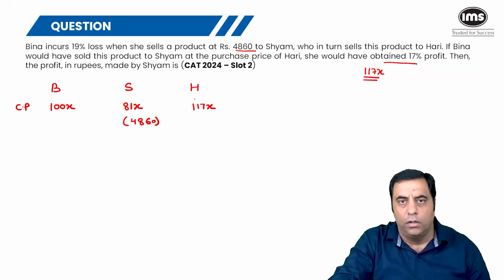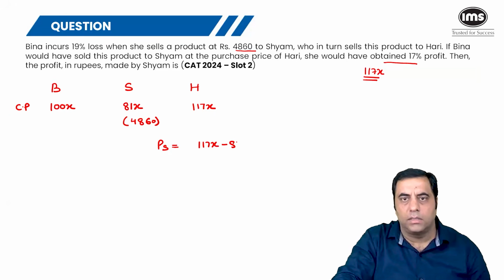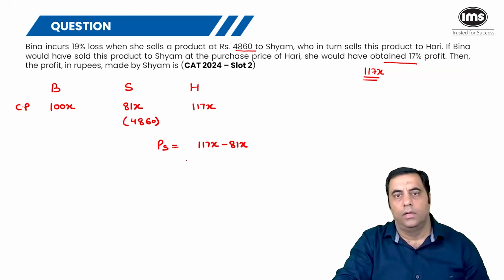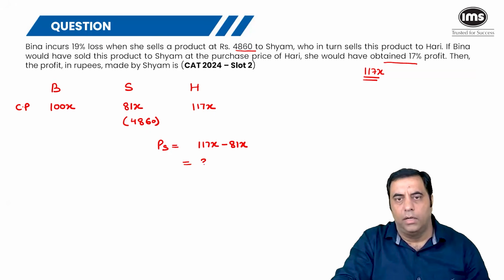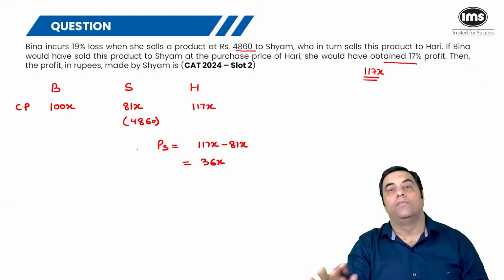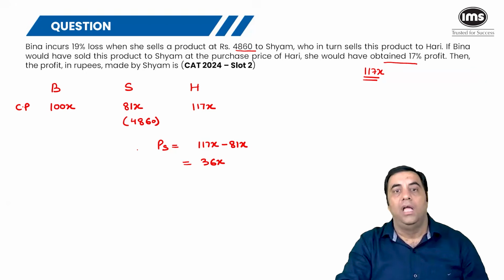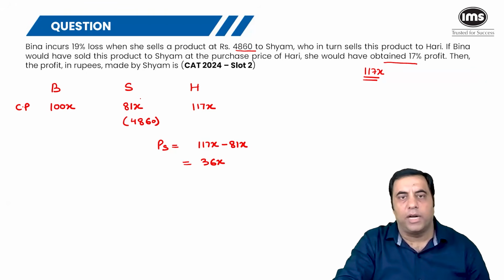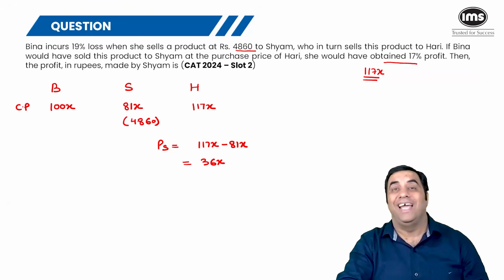So profit for Sham equals 117x minus 81x, which comes out to be 36x. So we are supposed to calculate the value of 36x, which will give me the answer.